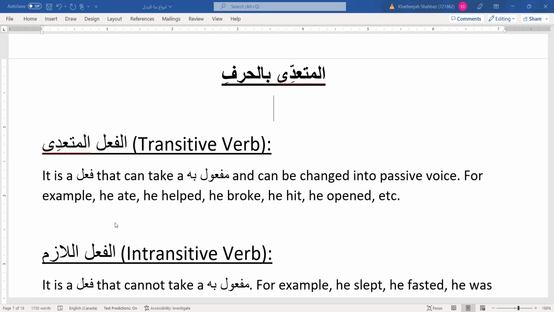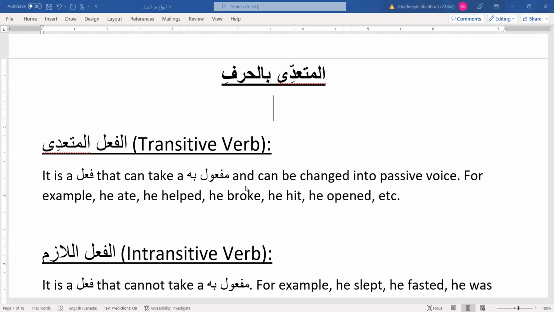So in this lesson, how will we define a transitive verb? It is a fi'l that can take a maf'ul bihi. Maf'ul bihi, if you remember, is the answer of the question, who or what, in a sentence.